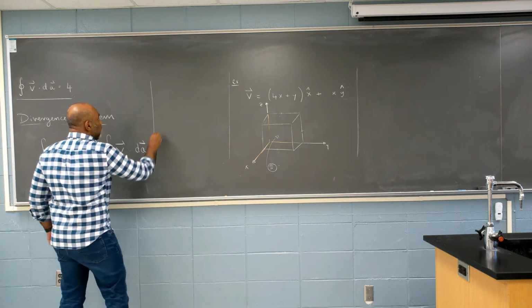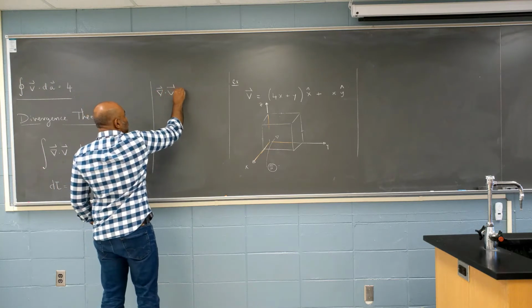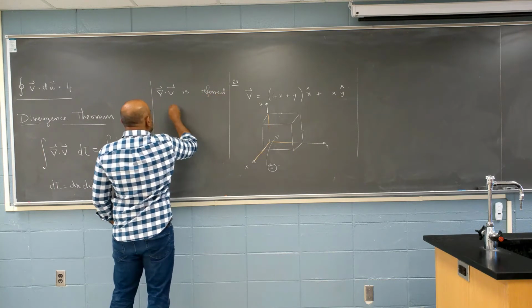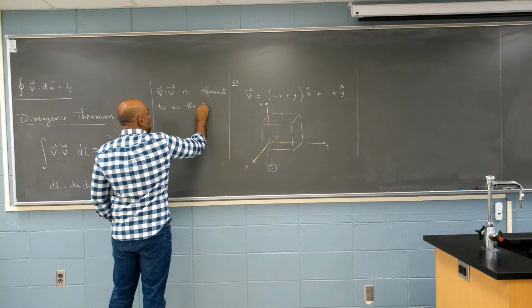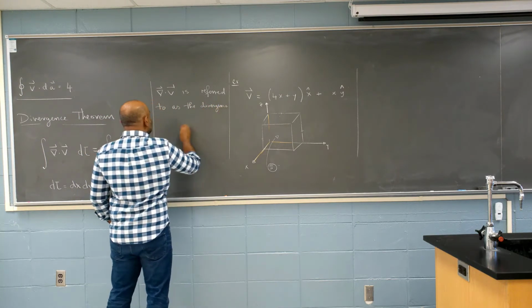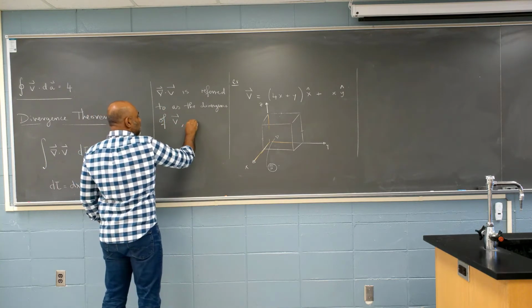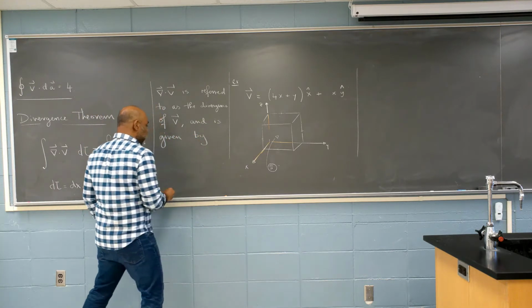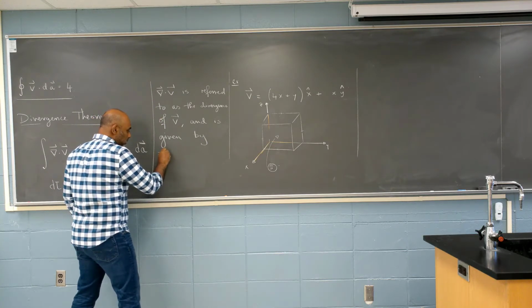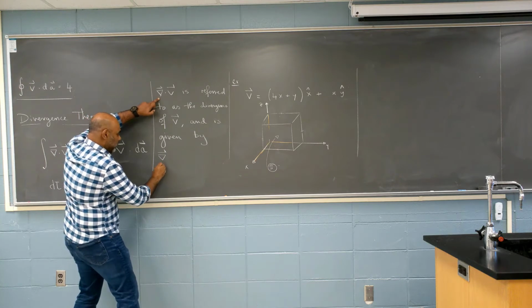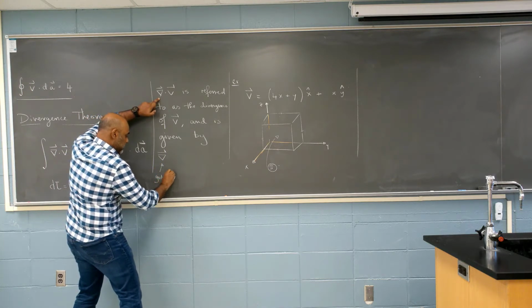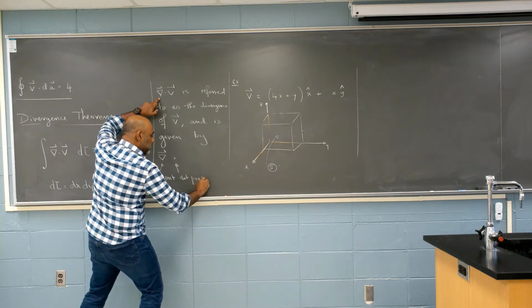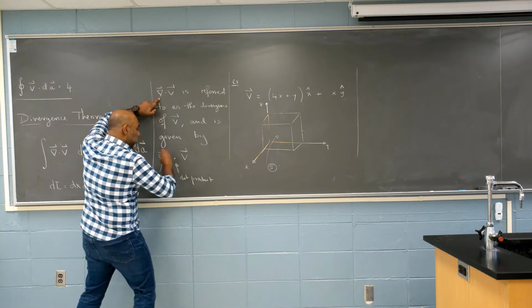It is referred to as the divergence of V, and is given by the gradient dot V, just as it's written, but let me define it.